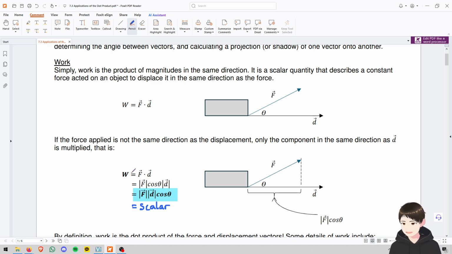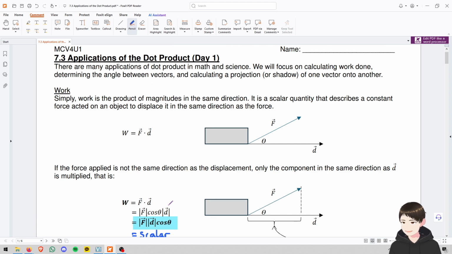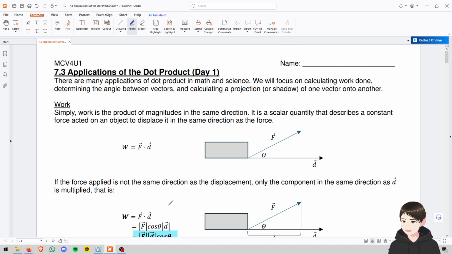If you look at the formula for work, in other words, a dot product of two vectors, it is a magnitude times a ratio. There is no direction involved. So one of the applications is work. Work is the product of magnitudes going in the same direction.